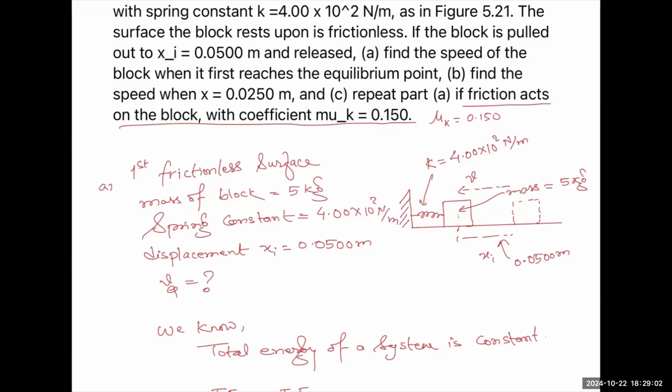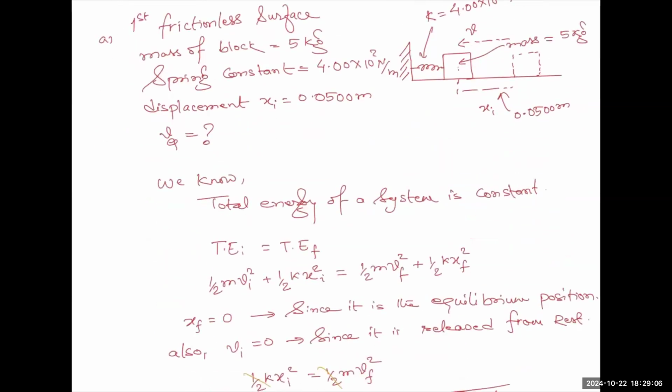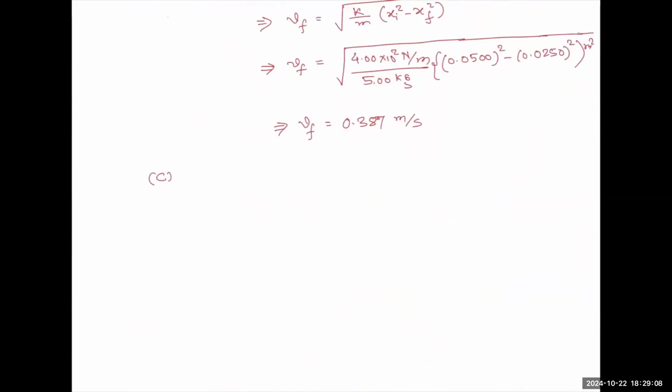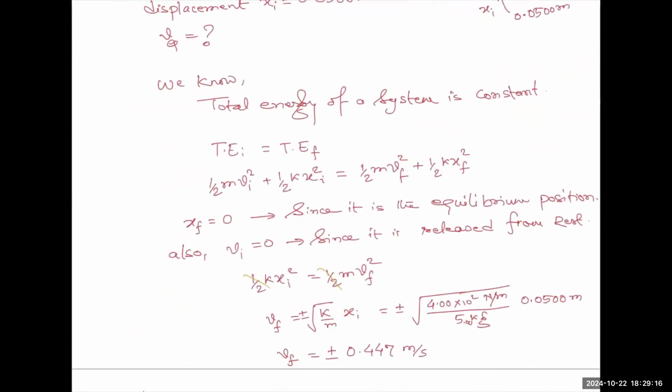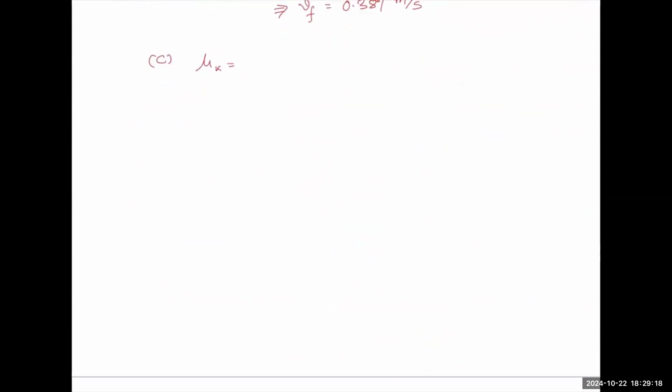So now what do we have here? We have a friction coefficient, the kinetic friction coefficient, not the static, which is mu k equals 0.150, right? That's my friction coefficient.